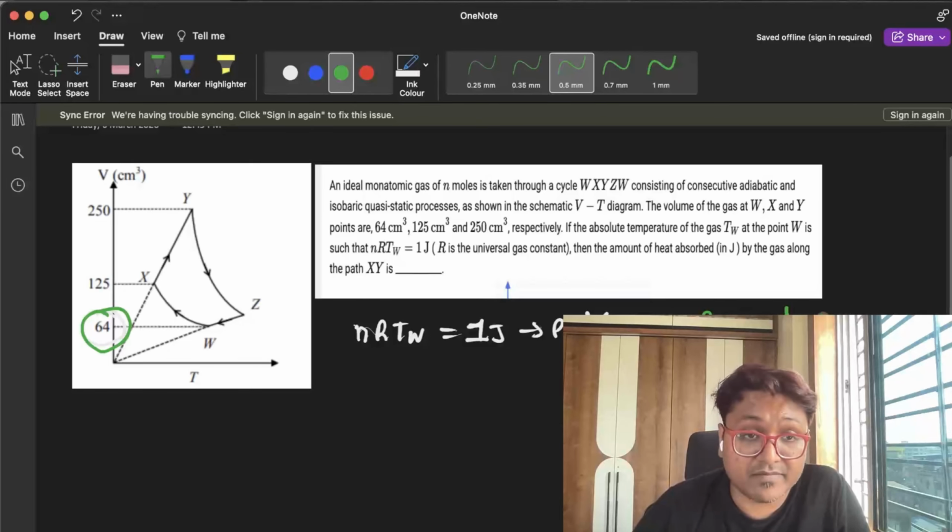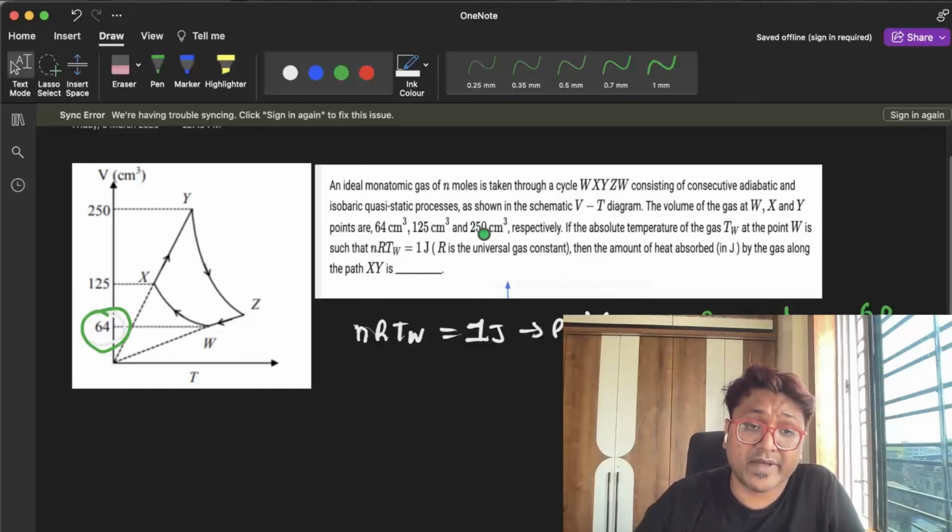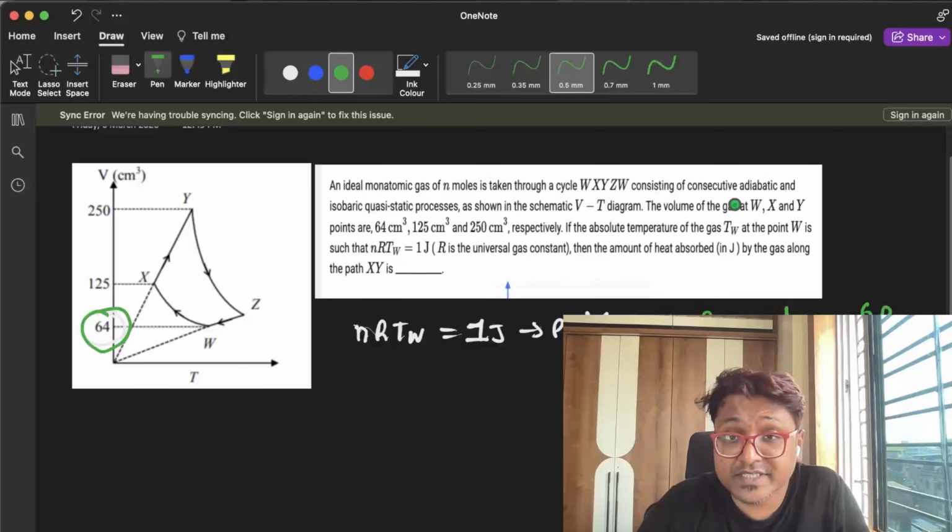And if you want to find it in pressure form, then it is times 10 to the power 6 pascals, because this is given in centimeter cube. Now the next part is the WX process. It is given as consisting of a consecutive adiabatic and an isobaric quasi-static process, so we are going to take a different approach here.